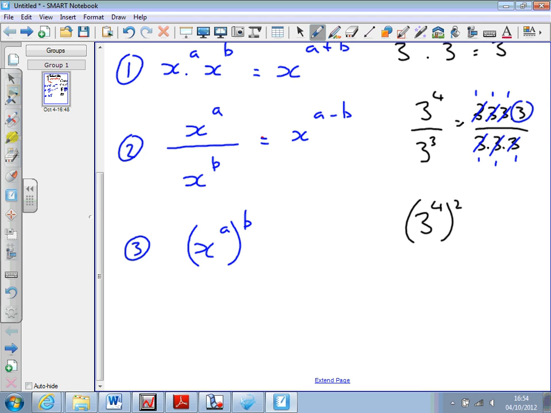Well, if we think what that means, it means 4 lots of 3, multiplied by another 4 lots of 3. So I actually end up with 8 lots of 3. So if I've got a number raised to a power, and then that's raised to yet another power, I just multiply the powers together. So this turns out to equal x to the a times b, or ab. Multiply the powers. So that's the third law of indices.